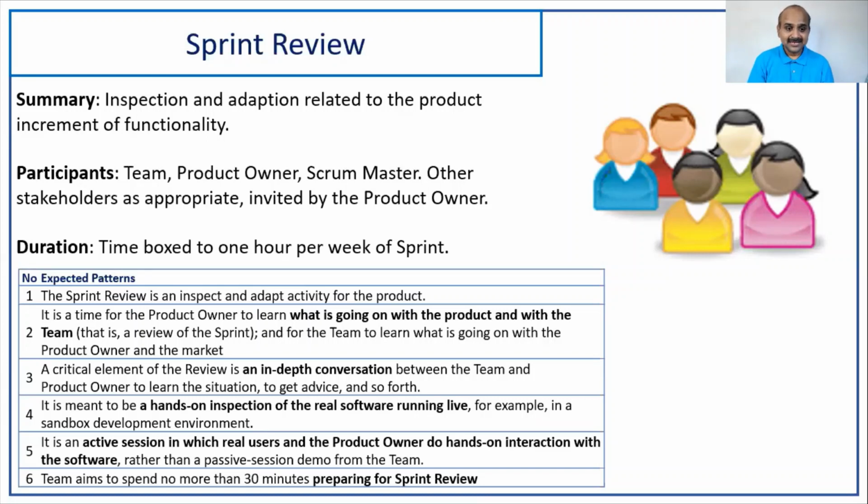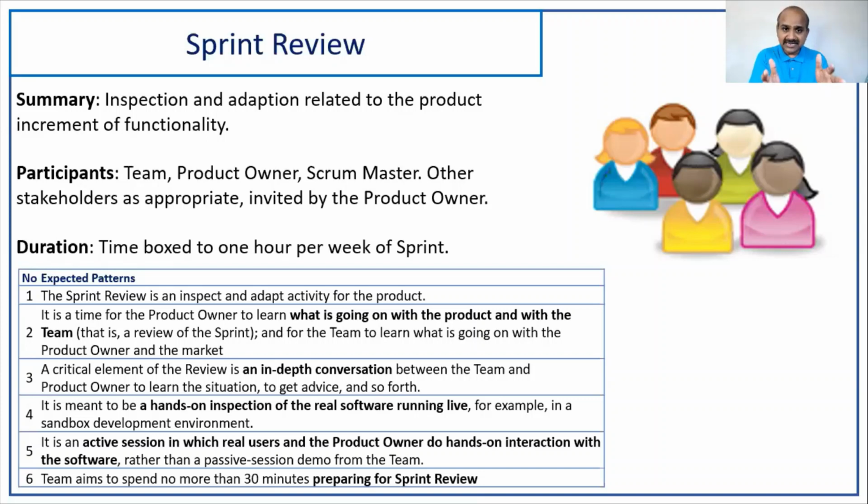Ultimately, a team requires a 30-minute preparation meeting for this event. Because what happens is, at the last minute, some test data may not work properly, or some features may not work properly. Because of last minute changes and adjustments, there's a high probability that we don't make a good demonstration of the product.